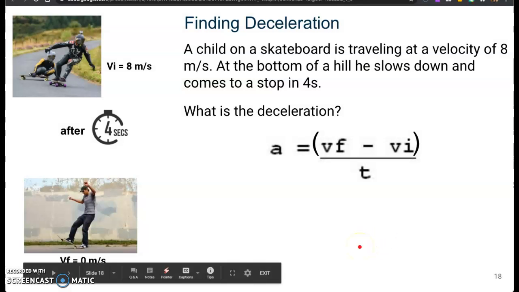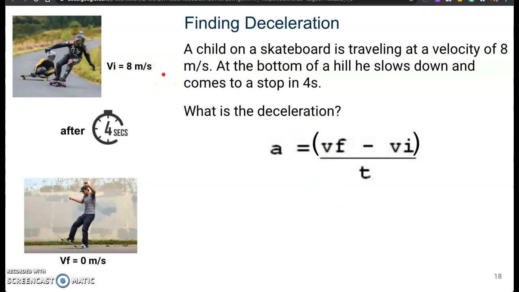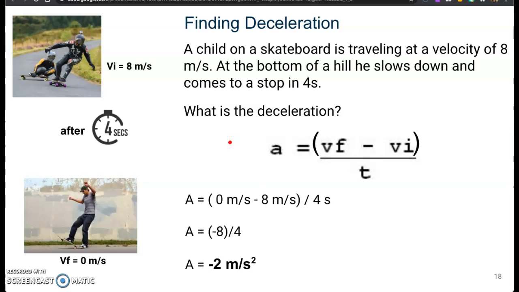Let's find the deceleration or negative acceleration. So a child on a skateboard is traveling at a velocity of 8 meters per second. At the bottom of the hill, he slows down and comes to a stop in 4 seconds. What's the deceleration? We're using the same equation. So take some time and try and solve that on your own. So the final velocity, since he slows down and comes to a stop, is 0.